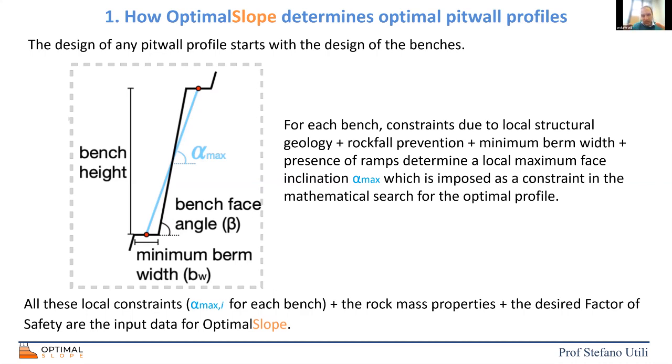So there are several considerations that come into the design of a bench, also to avoid local instabilities. But at the end of the day, once we have these three measurements, bench height, bench face angle, and the minimum berm width, because let's remember the berm width can be higher than the minimum, we get this angle, here called alpha max. So the bench design tells us that the inclination at the level of this bench cannot be exceeded, but clearly we can have an inclination which is lower than that.